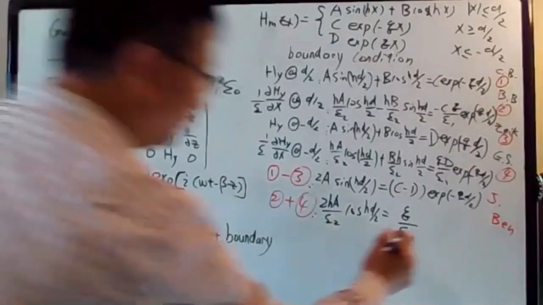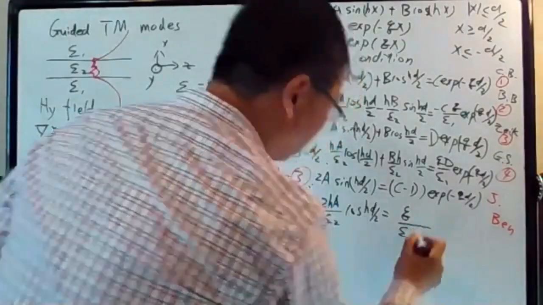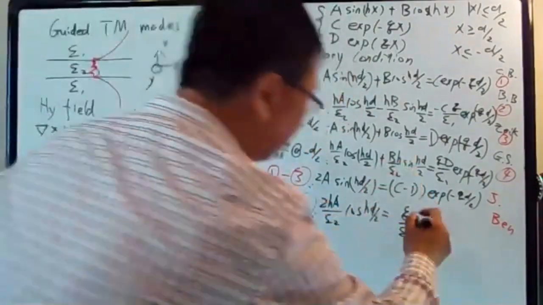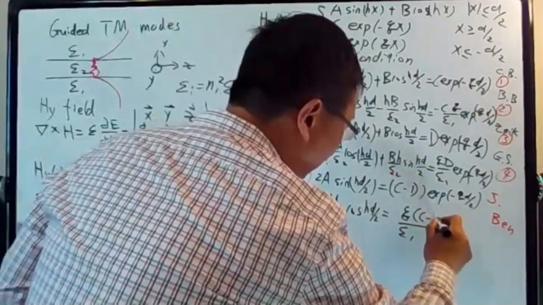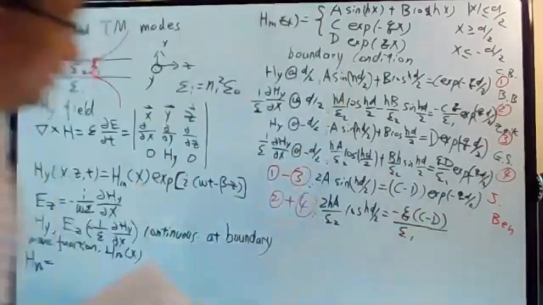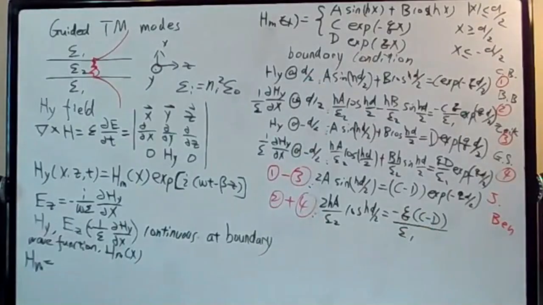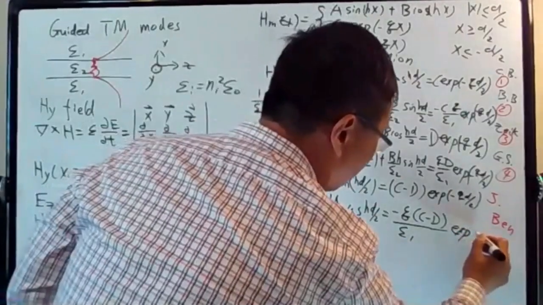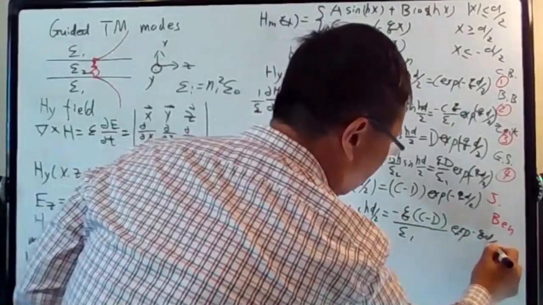So QD over epsilon 1 minus QC over epsilon 1. So it's basically D minus C, right? Let me write D minus C instead of negative C minus D. It's the same. Okay, and then all of that times exponential of minus QD over 2.